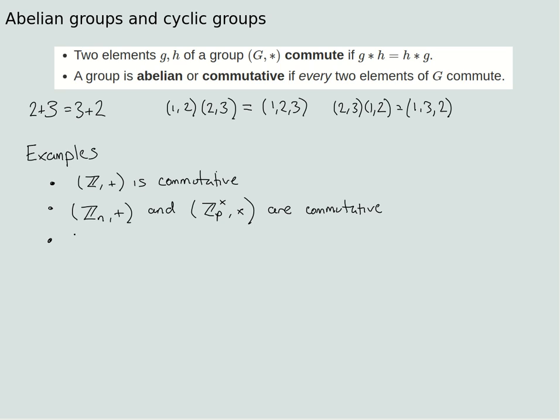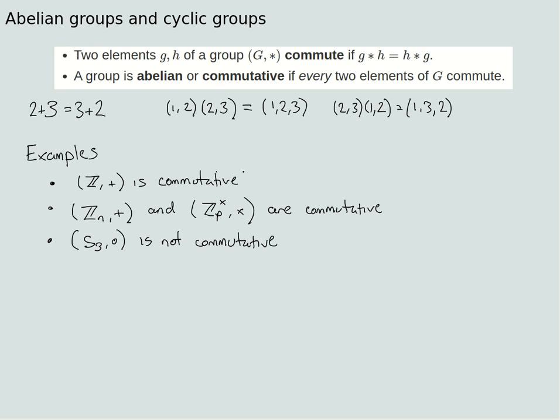Let's now look at the other example that we've just seen above. If we take S3, where the group operation is composition of functions, this thing is not commutative, not abelian. The reason for that is being commutative requires that every two elements commute.